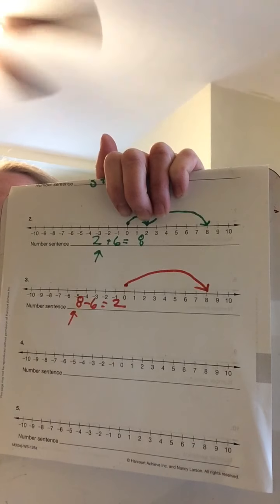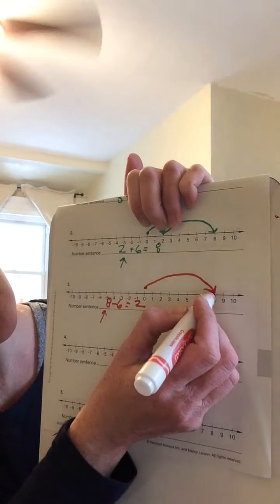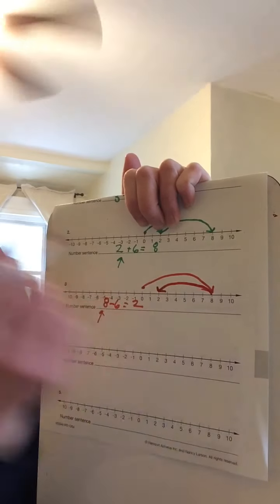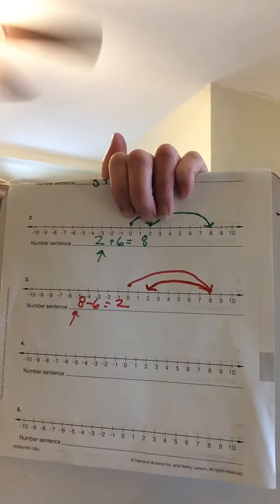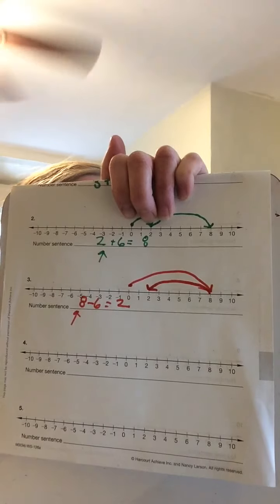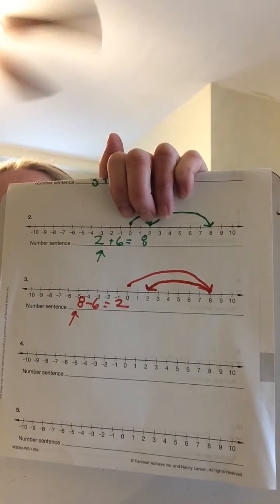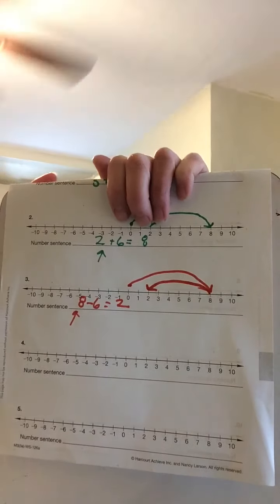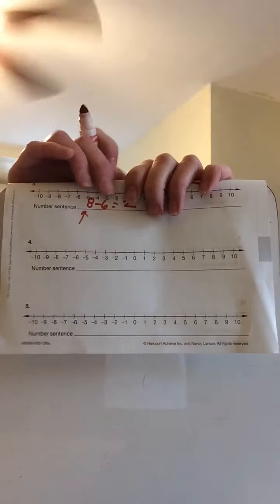So my final arrow is going to land on the 2. And I'm actually going to do it underneath to show that it's going to the right, and then it's moving back to the left for a subtraction problem. I'll show you one more subtraction, and then we'll do a multiplication problem.